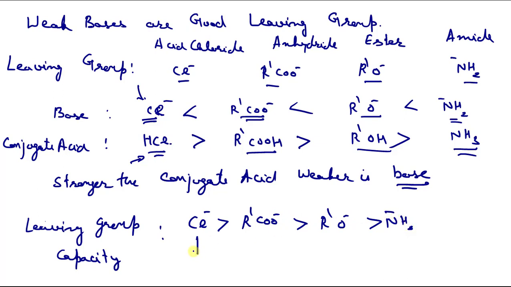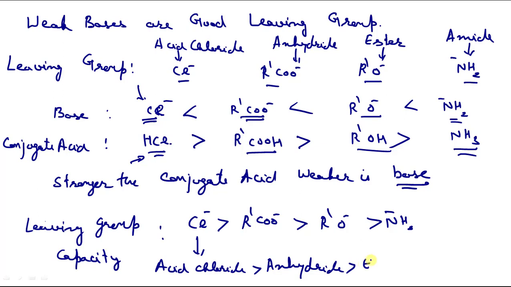So this is the leaving group of acid chloride. You can see I have already written it here. So acid chloride has a better leaving group than anhydride, then ester, then amide. That is the order of reactivity, because acid chloride has the best leaving group.